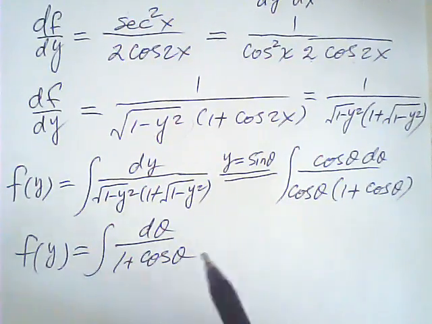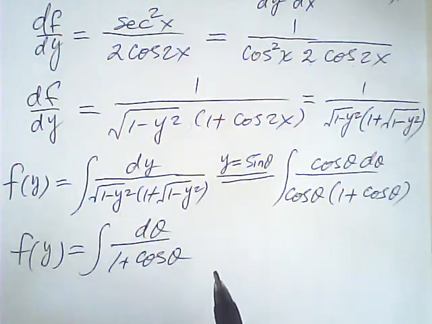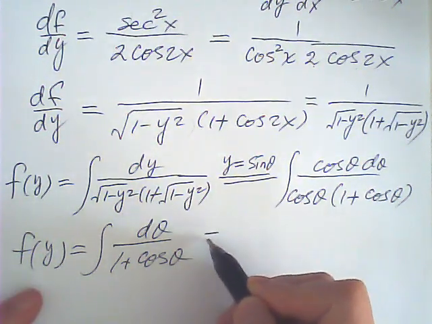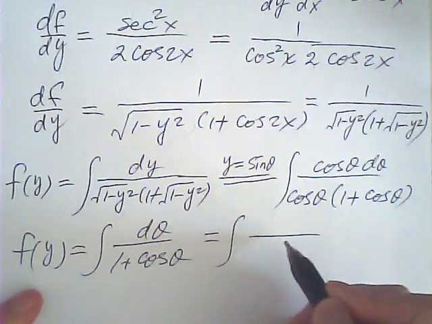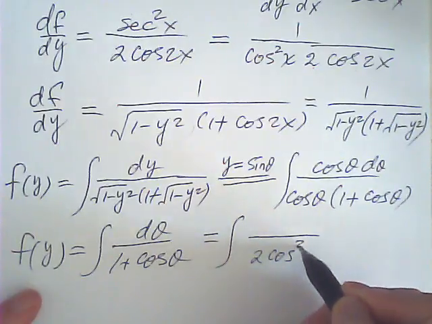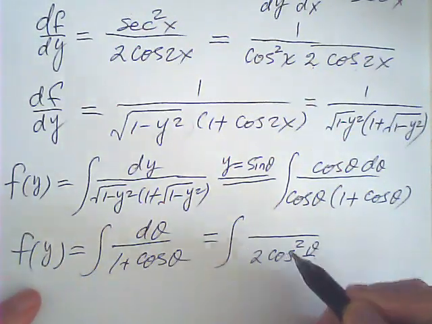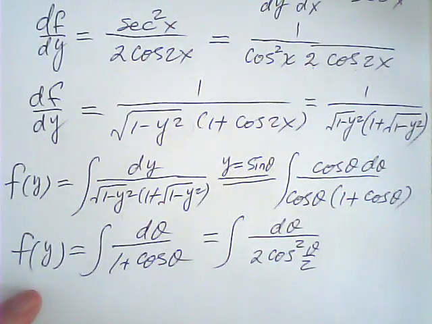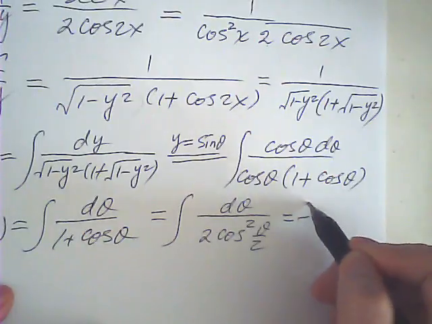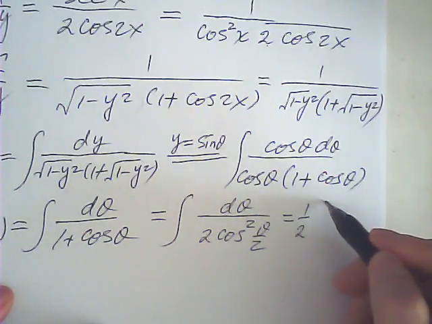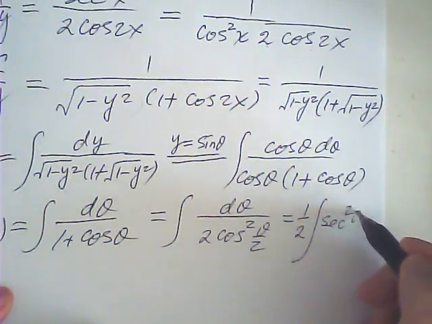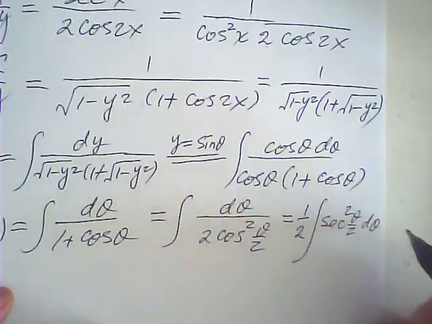Because 1 plus cosine theta is equal to what? This is equal to 2 cosine square half theta, right? So this is equal to 1/2 integral of secant square half theta d theta.